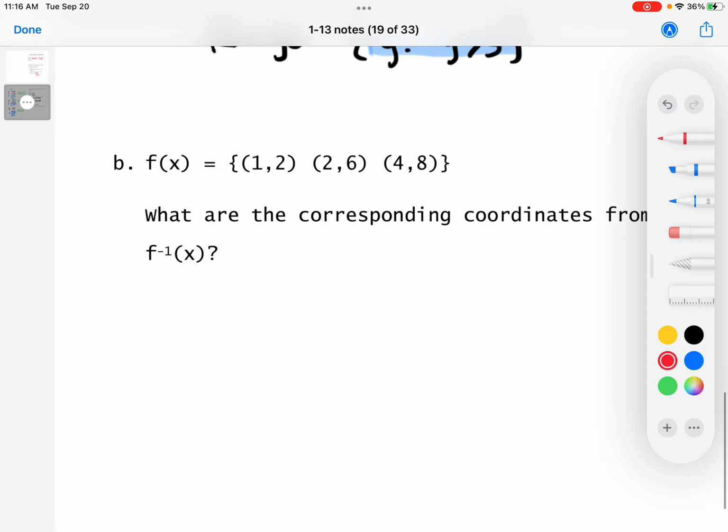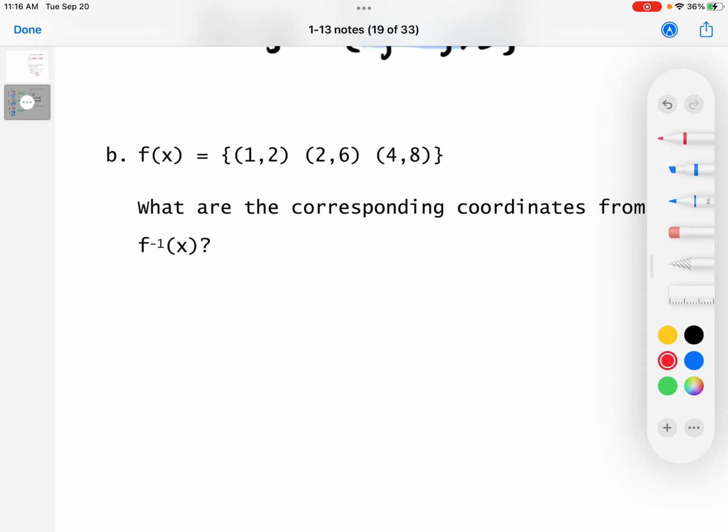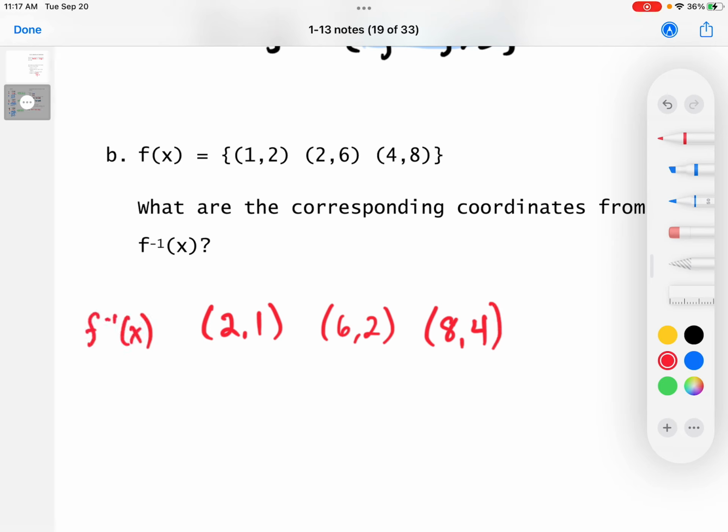The inverse function is going to have those same points, except with the x's and y's traded for each other. Okay, they have the opposite domain and range. So that means instead of the point (1, 2), we're going to have the point (2, 1). Instead of (2, 6), we're going to have (6, 2). Instead of (4, 8), we've got (8, 4). Okay, these are the points that are in the inverse.